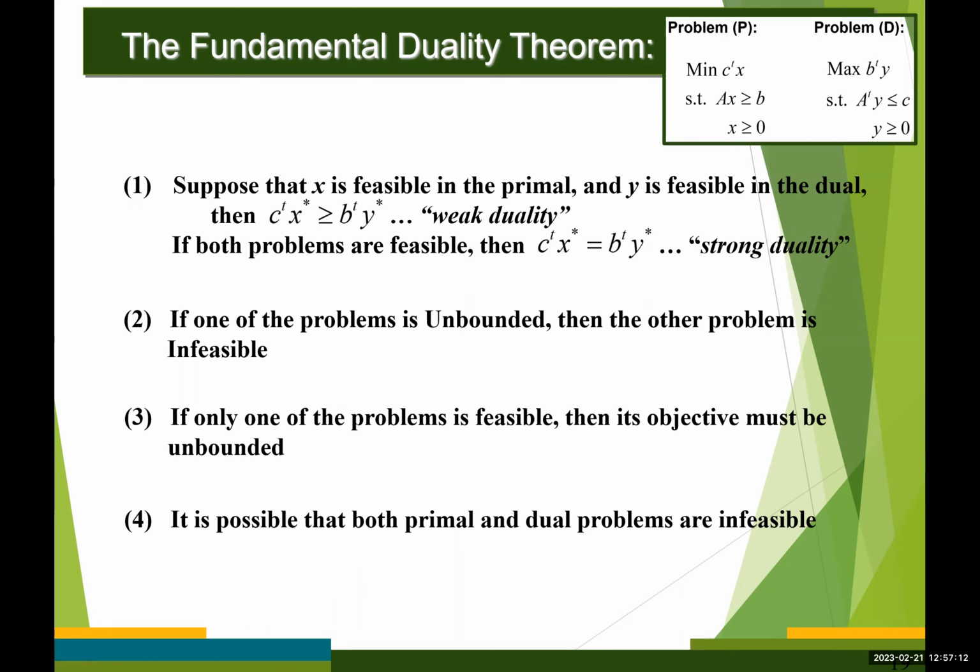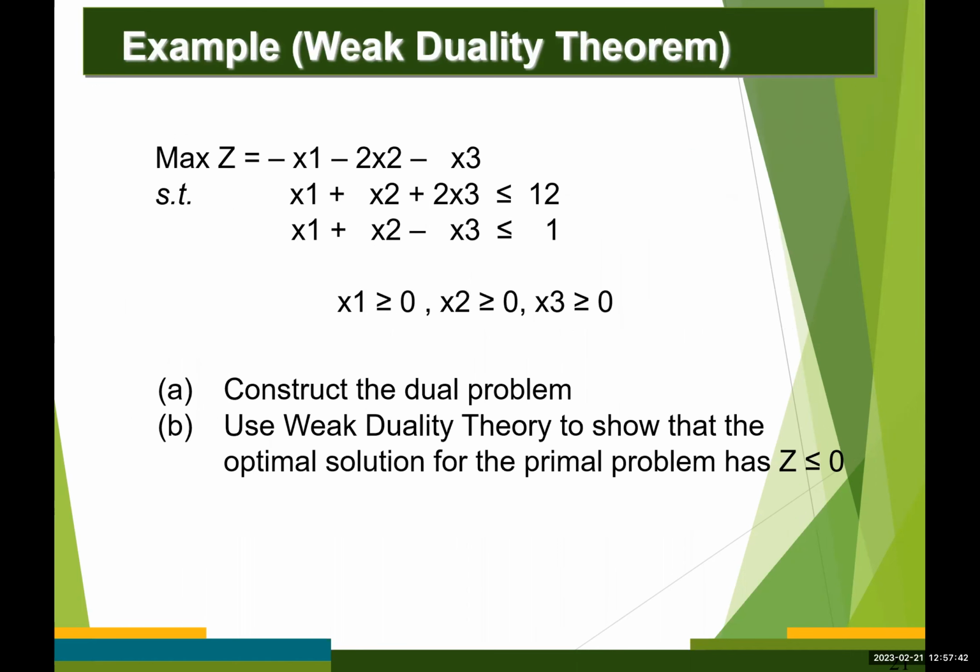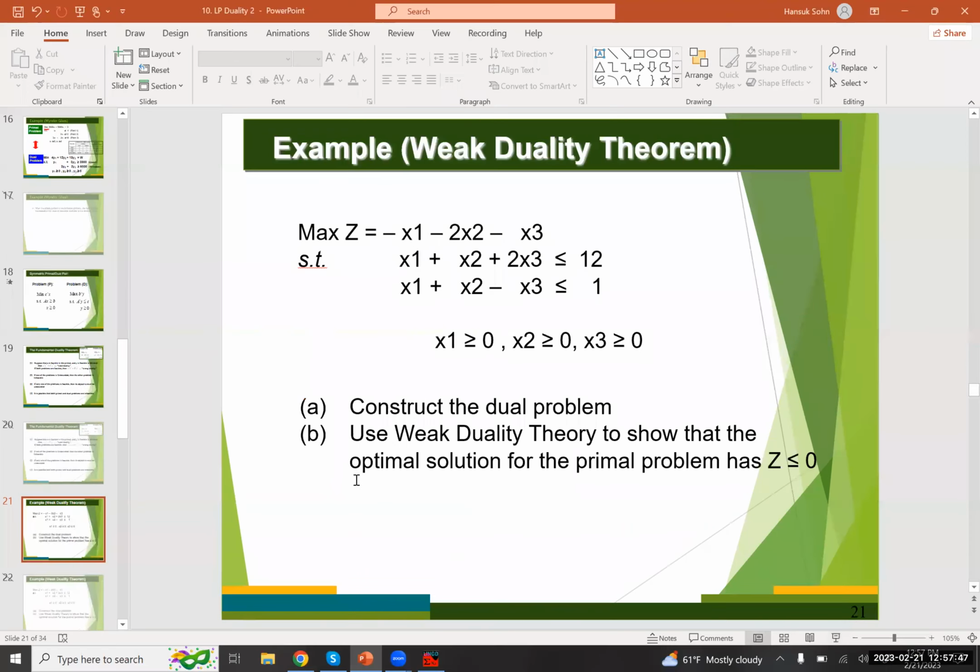Now let's take an example. In this example, we want to construct the dual LP first, and then use the weak duality theorem to show that the optimal solution for the primal problem has to be less than or equal to 0, okay?